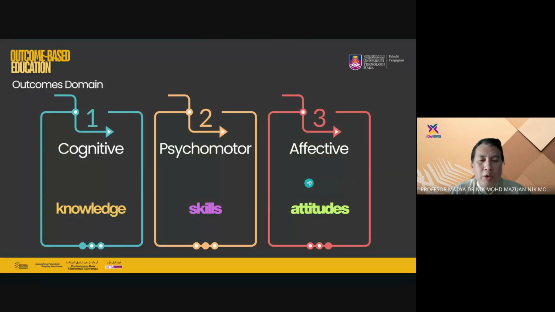If your learning outcome is in the cognitive domain, you can assess it on paper. But if your learning outcome is psychomotor, you need to assess it outside the paper. Maybe in the clinic, during case presentation, during seminar, during OSPE, during OSCE.